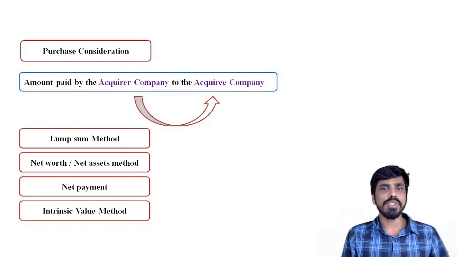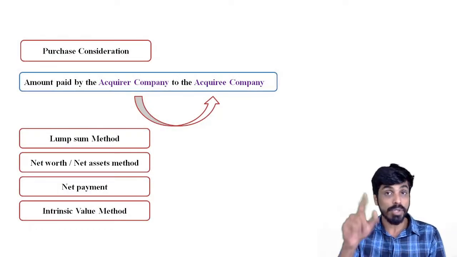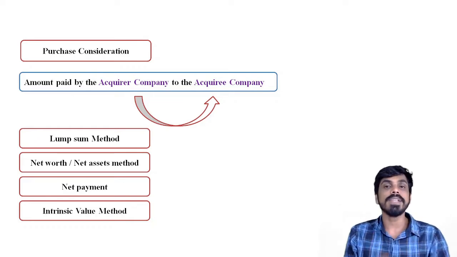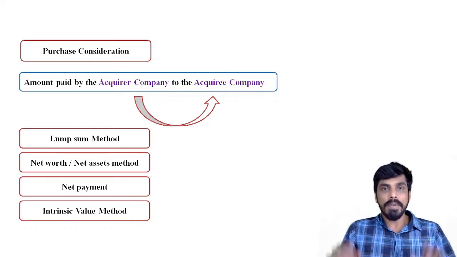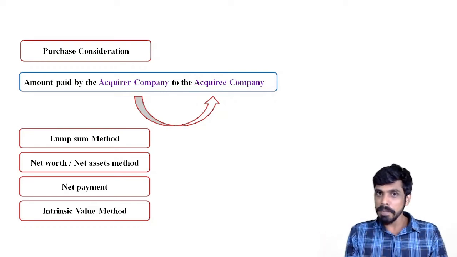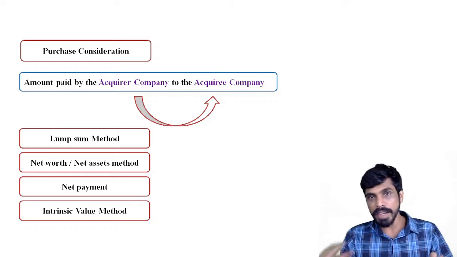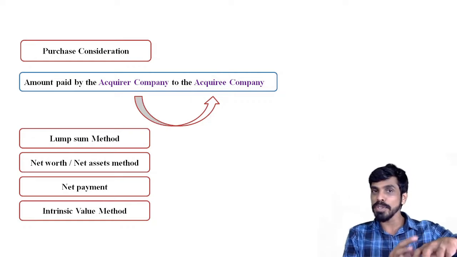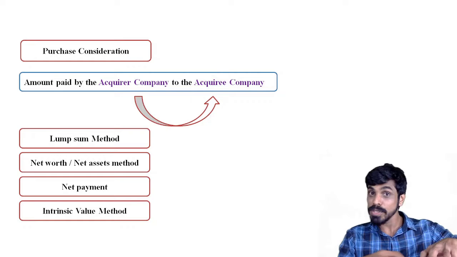Another important aspect related to amalgamation that you should give much more importance to is the purchase consideration. Fine. I want to tell you two more things. There will be two companies, acquiree and acquirer. That is the company which is going to be liquidated and a new company. So the acquirer company takes over the business of the acquiree company. That is, the acquiree company is going to lose everything, because the acquirer is going to take over.